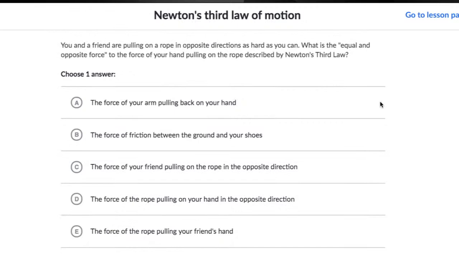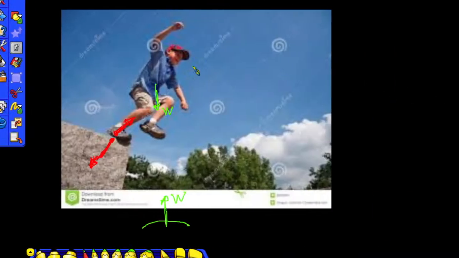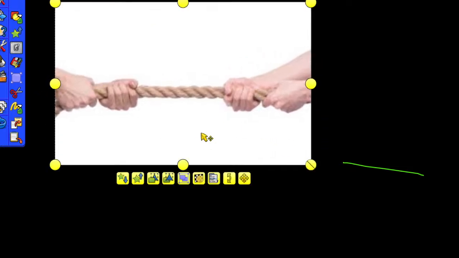You and your friend are pulling on the rope in opposite direction.